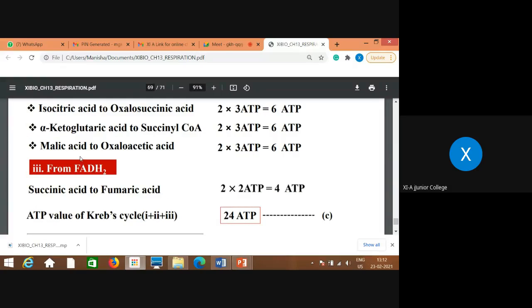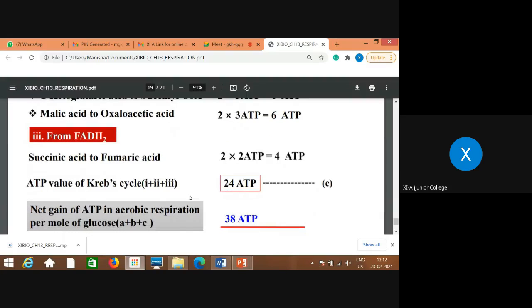Then FADH2, when it is considered, from succinic acid to fumaric acid, 2 molecules of FADH2 are produced, and one FADH2 is equivalent to 2 ATP. Just now we studied in ETS. So 2 into 2, 4. Okay. And the ATP value of the Krebs cycle is now 24.